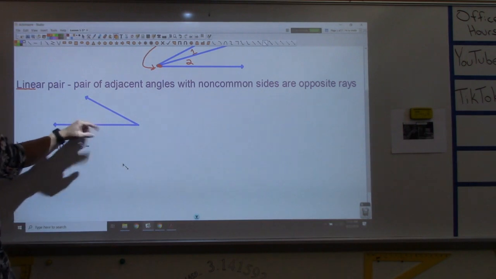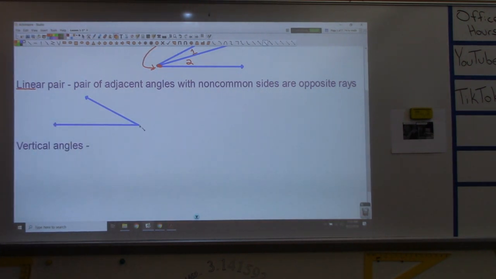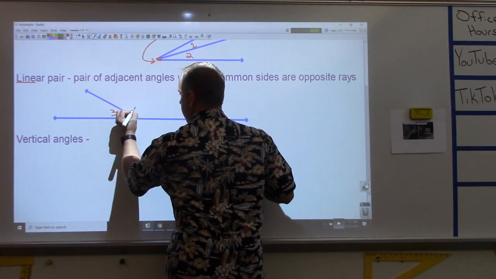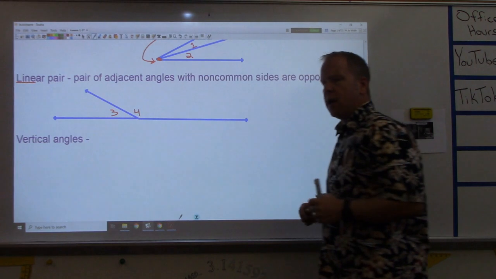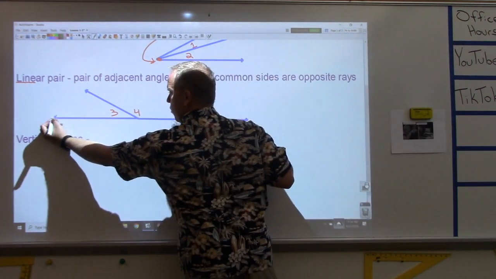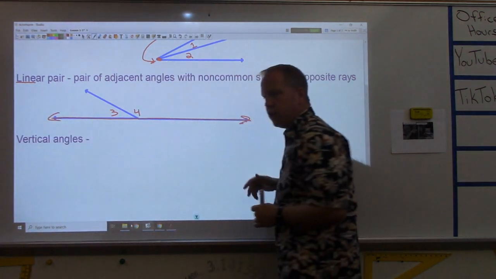So the non-shared side has to go in the opposite direction of this side, like this. Oh, look at that. If I label these, angle 3 and angle 4. Angle 3 and angle 4 are a linear pair because their non-common sides form a straight line. Linear pair, line.